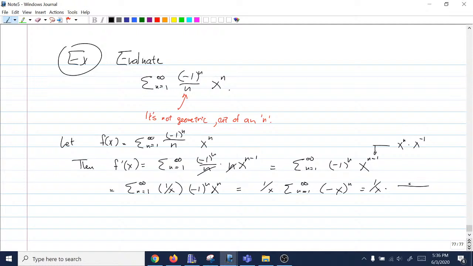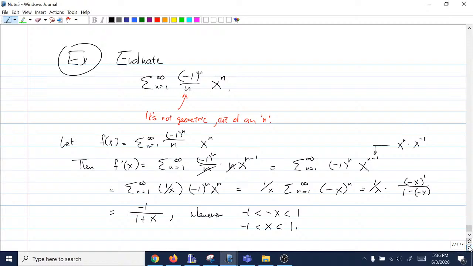So the first term is -x to the 1 over 1 minus our factor, the thing that's being raised to the n, is -x. The 1 over x cancels with the x on top. Okay, this is the 0 to the 0 thing resolving itself. This equals -1 over 1 plus x, and it equals it whenever -x is between -1 and 1, which is when x is between -1 and 1.